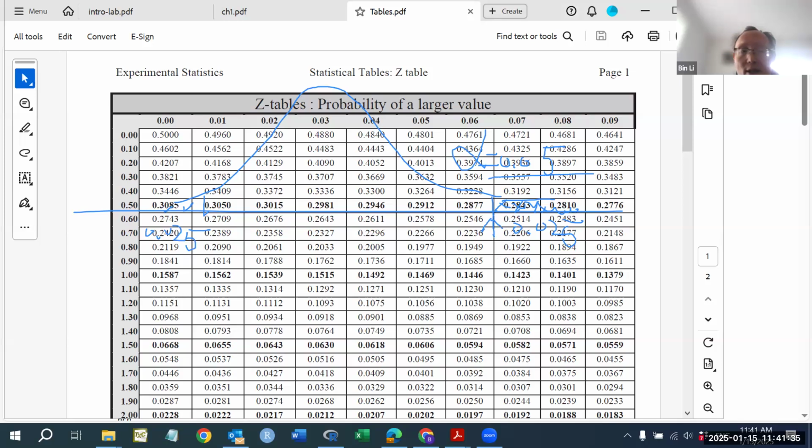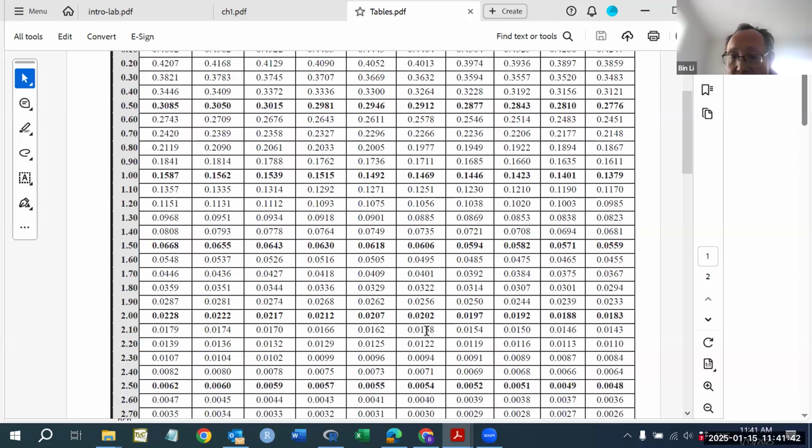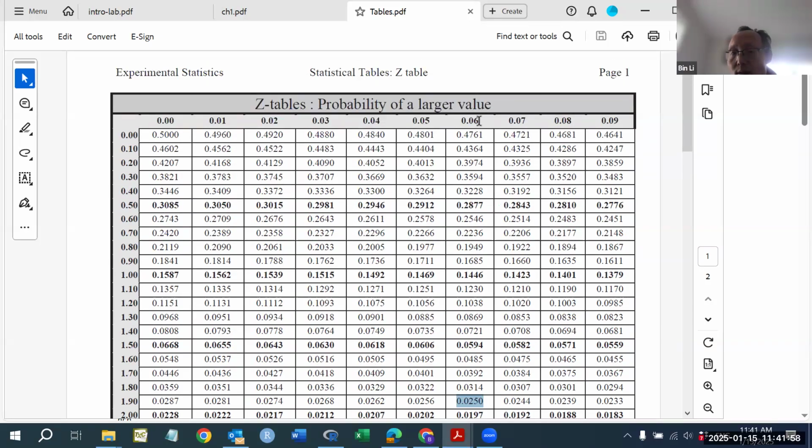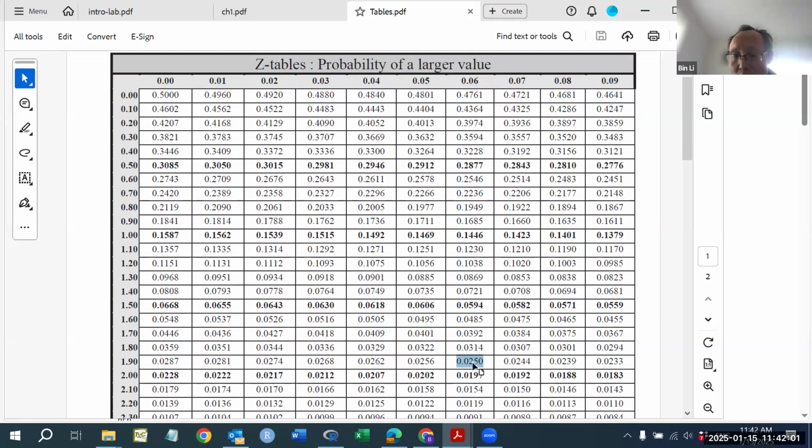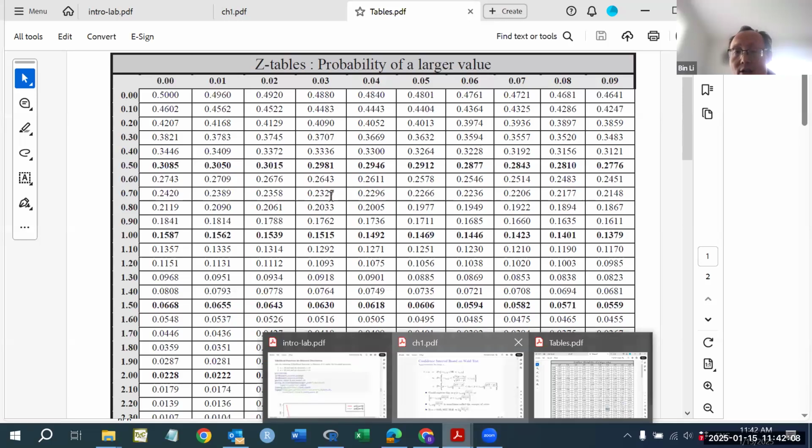So what is the rejection region? Let's go to the table and find the value. Here the table shows the probability of a larger value. So we go to 0.025. You see that number here? If you go to here, it's 1.9, and if you go to the top, 0.06.